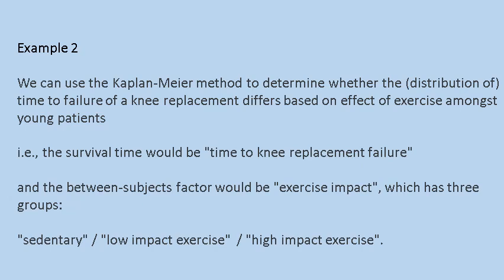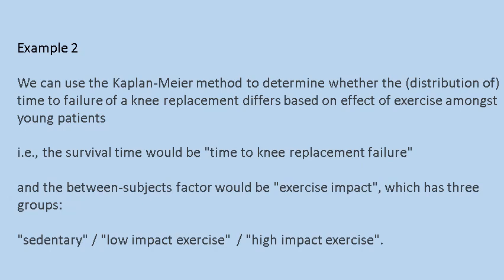Example 2. We can use the Kaplan Meier method to determine whether the distribution of time to failure of a knee replacement therapy differs based on the effect of exercise amongst young patients. Survival time would be the time from treatment to knee replacement failure.